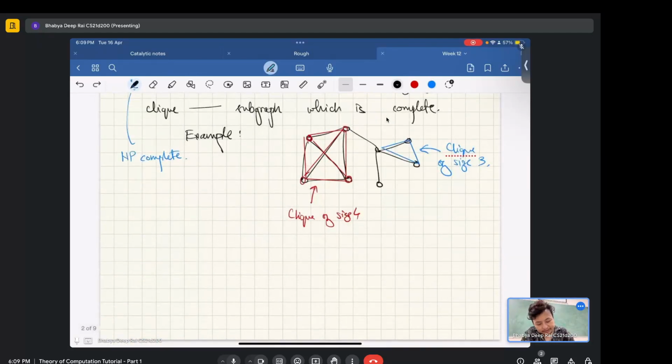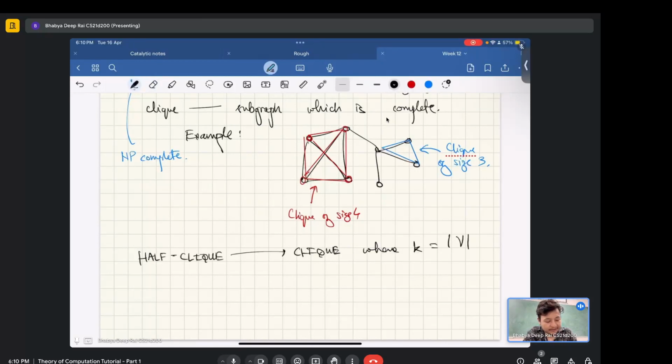So what is half click actually? Half click is just the problem click where k equals V divided by 2.